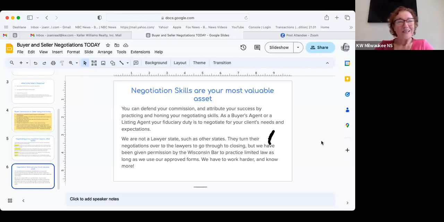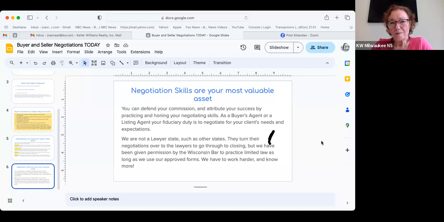It gets to a point that we all know each other, especially the longer we work together, and agents get a certain reputation. Make sure your reputation is always known as she's a good negotiator, or she always looks out for both sides. In negotiations, it's a win-win. She's not a bulldog, or he's not a bulldog.